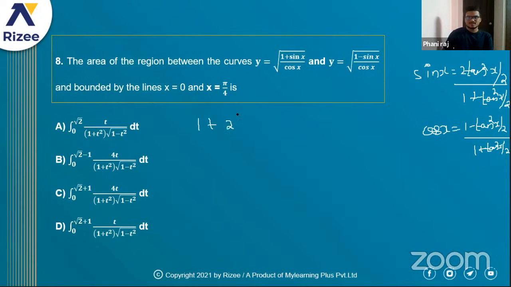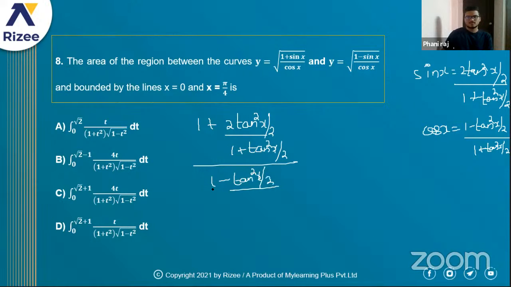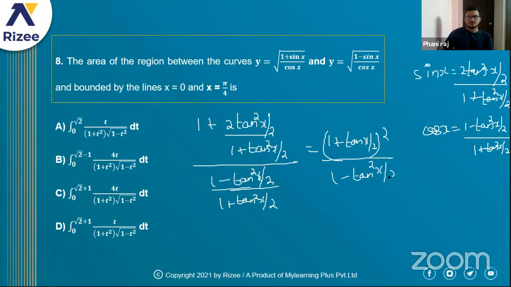So 1 plus sin x into 1 minus sin x by cos x into cos x, this is 1.